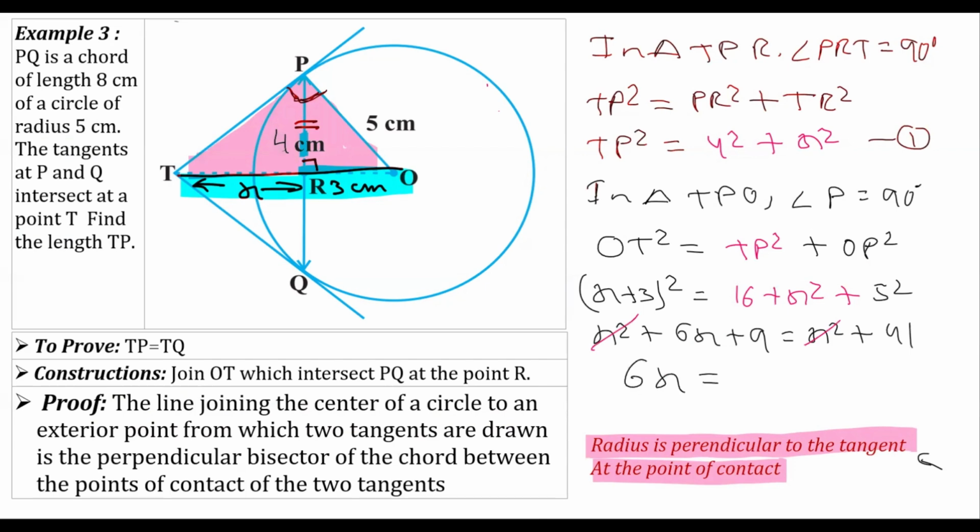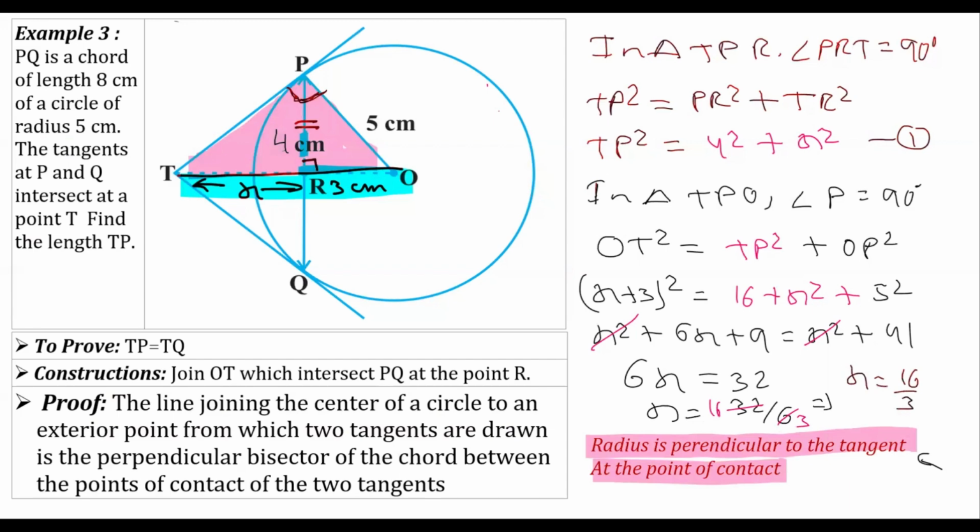And on transposing 41 to the other side, so if I subtract 9 from here, I'll get 32. So this implies x is equal to 32 divided by 6. And on reducing, this is 16 over 3. Must be clear to you. We got finally the value of x is 16 over 3.